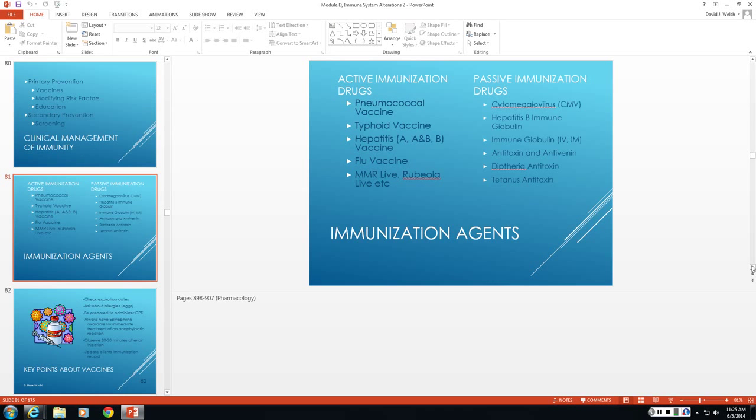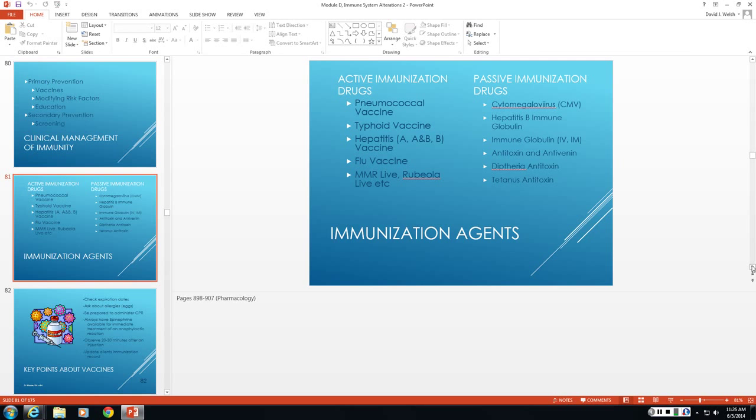So your active immunization drugs are going to be your pneumococcal vaccine, your typhoid vaccine, your hepatitis A and B vaccines, your flu vaccine, and your MMR live, your rubella live, etc. Now your passive immunization drugs are going to be your CMV, your hepatitis B immune globulin, your immune globulin, given IV or IM.